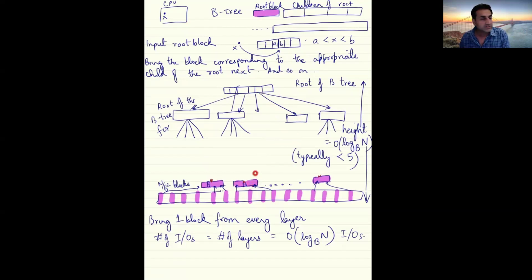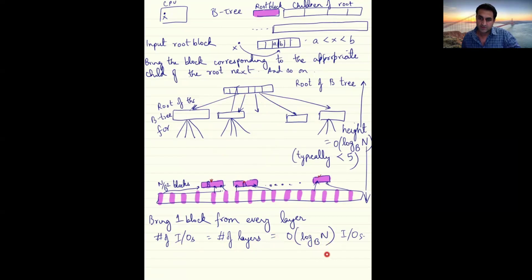So how many IOs did I do? How many block transfers did I do? Well, any element X only compares to one block on each level, right? There's no way I'm bringing this block and that block, because when I brought the root, I knew which side X would branch to. So the total number of IOs is basically the total number of layers, because for every layer I'm bringing in one block.